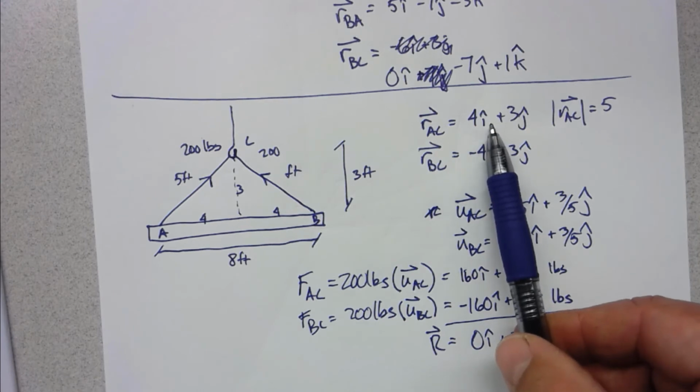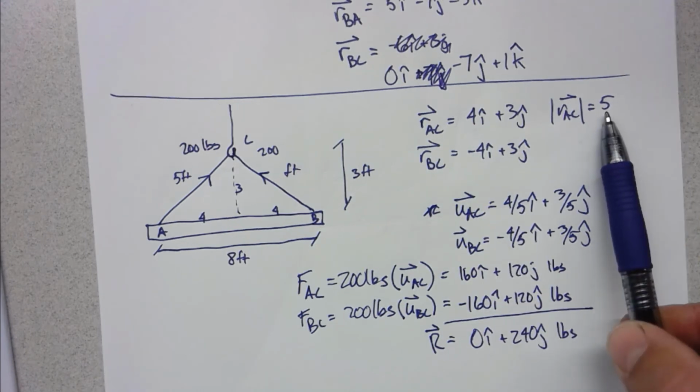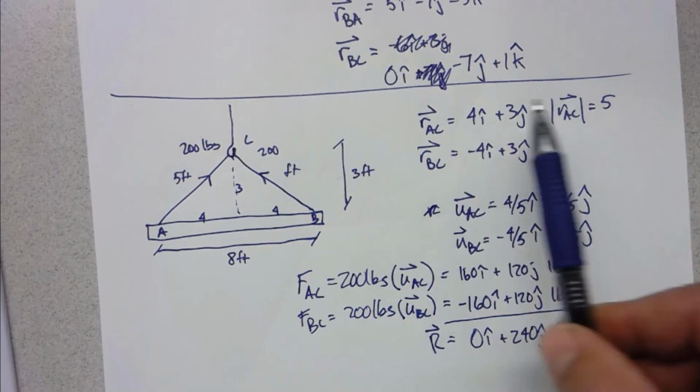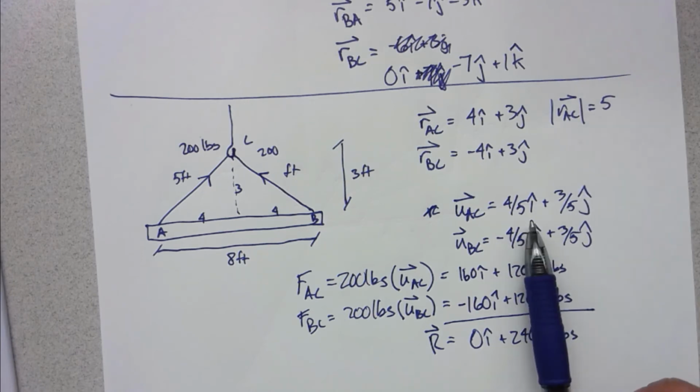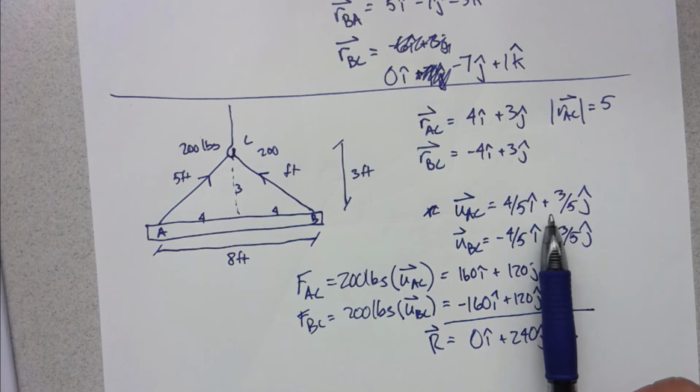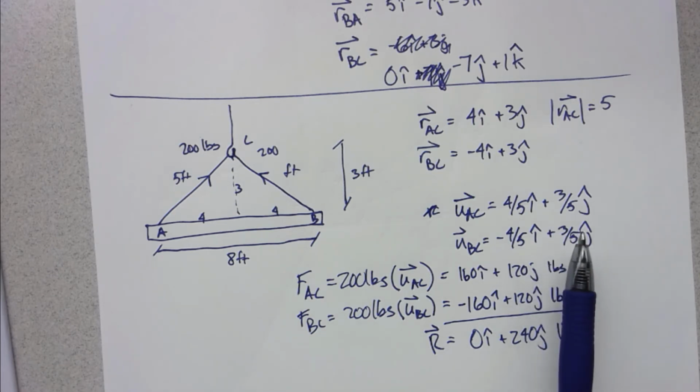From my position vector, I can figure out the magnitude of that position vector. And then if I divide the position vector by its magnitude, I'm going to end up with a magnitude 1 unit vector. Okay? It would be unitless as well, but it just has a magnitude of 1, and it communicates only direction.